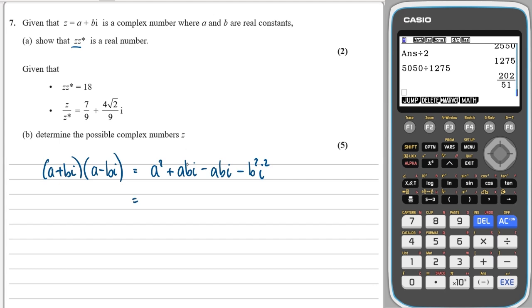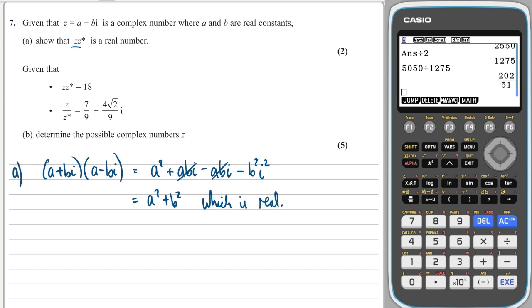So these two cancel, and of course i squared is minus 1, so times by the negative there will be a positive, so we have a squared plus b squared, which is real.